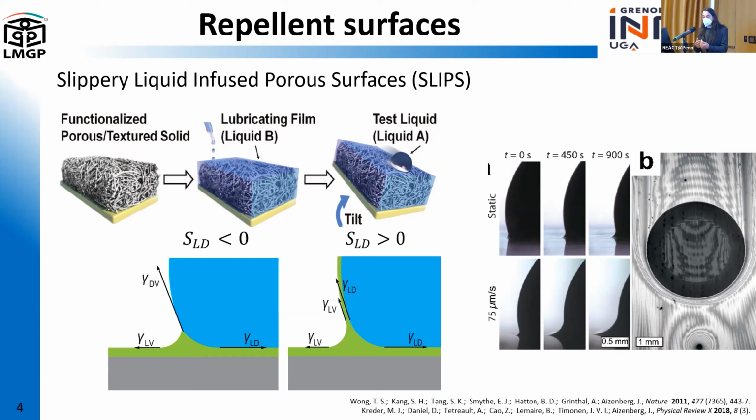This lubricant depletion mainly comes from what is called a wetting ridge. There is a ridge here in between the lubricant and the water droplet, and this ridge may also fully wrap the water droplet. On this picture, you can see the growth of the ridge over time in the static case.